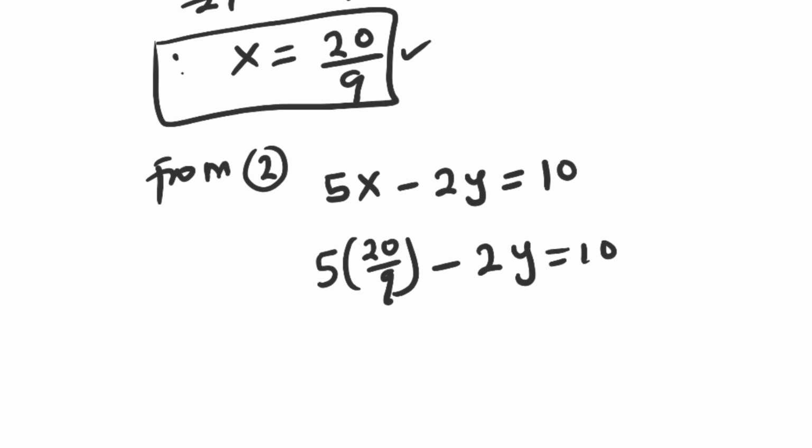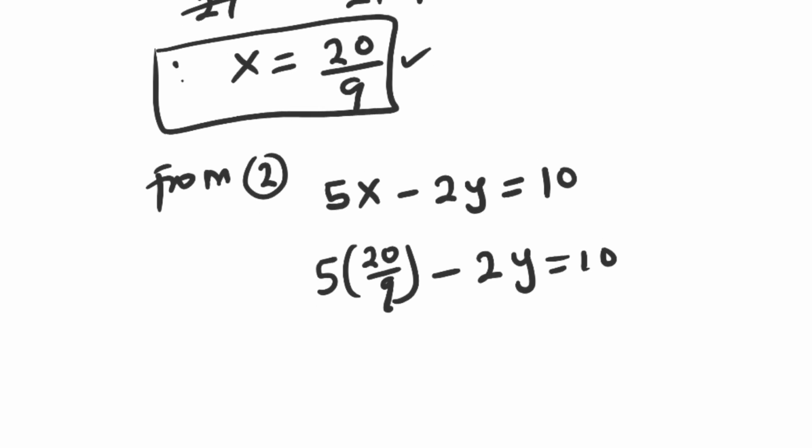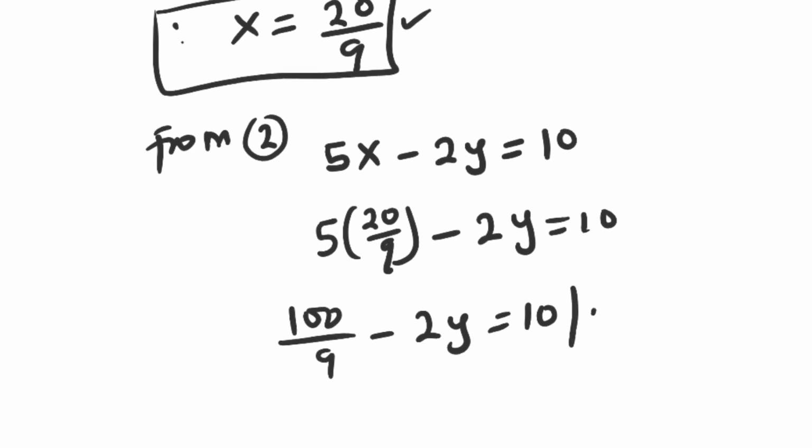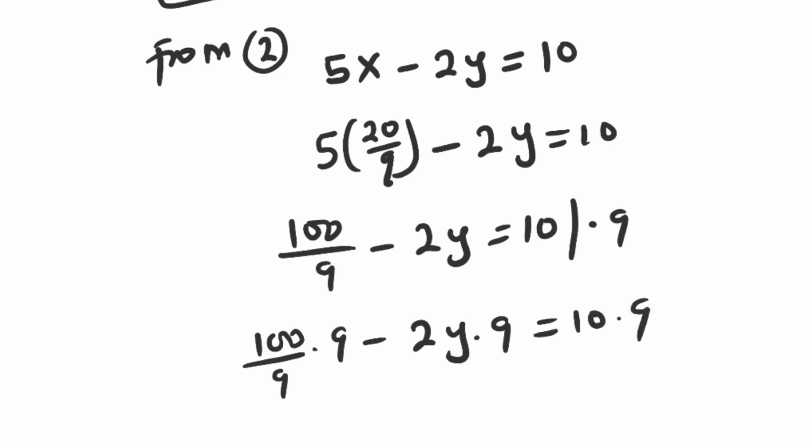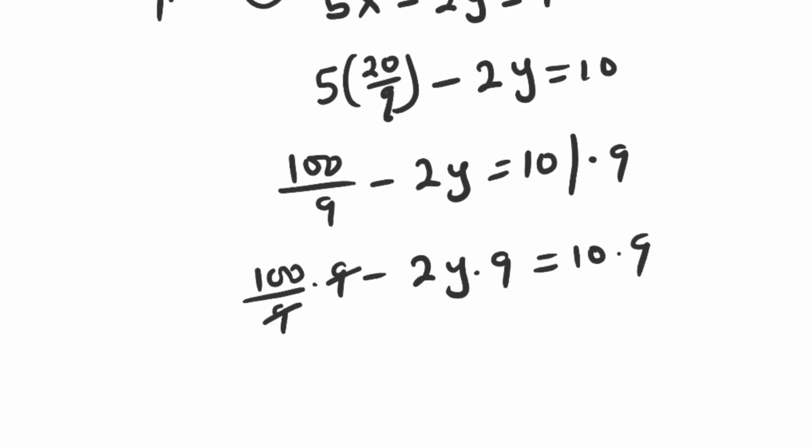Then 5 times 20, that is 100 over 9 minus 2y is equal to 10. Now let us multiply the whole of this equation by 9. So this is 100 over 9 multiplied by 9 minus 2y multiplied by 9 is equal to 10 multiplied by 9. Then this 9 cancels this 9.